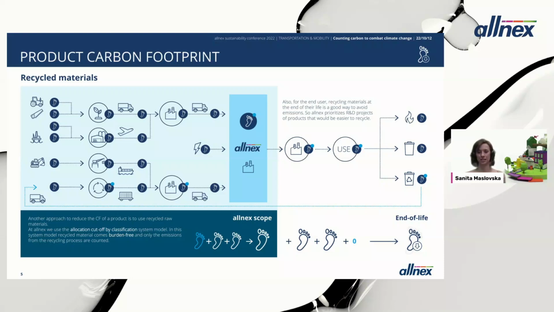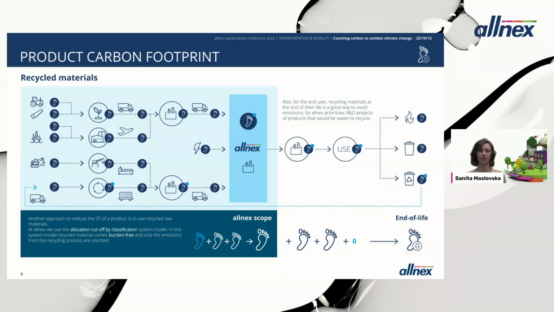Of course, it needs to be processed. It needs to be actually recycled. And in that process, it starts accumulating its new carbon footprint. And depending on what material that is and what you want to get out of it, there are very different technologies, as you probably very well know, and they have very different energy demands.